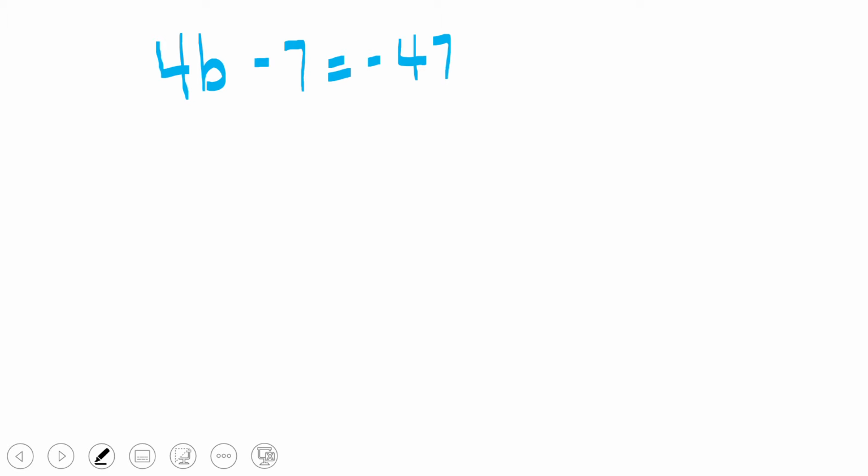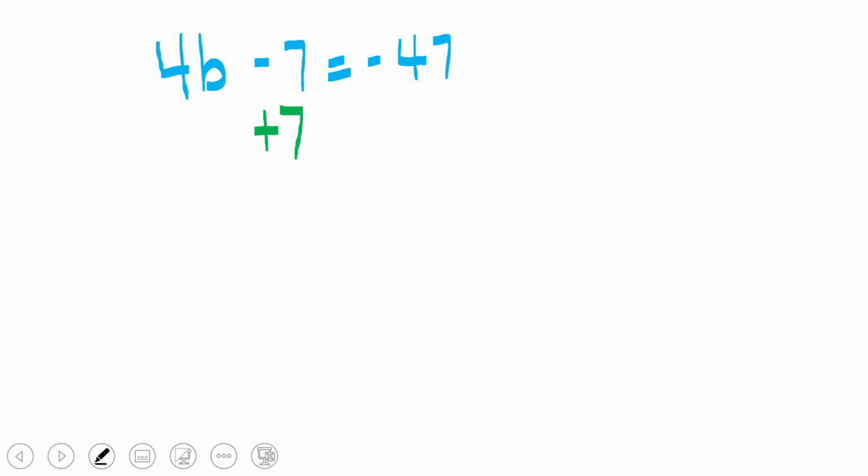So to look at this, we see two like terms on either side of the equal sign, negative 7 and negative 47. We want to combine those. So to combine those, we're going to add 7 here.